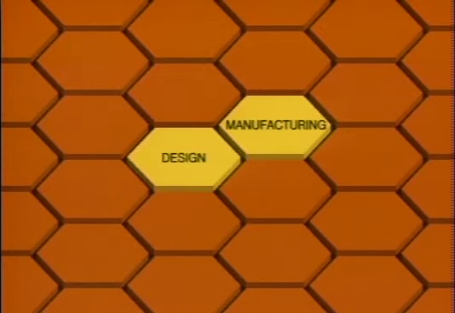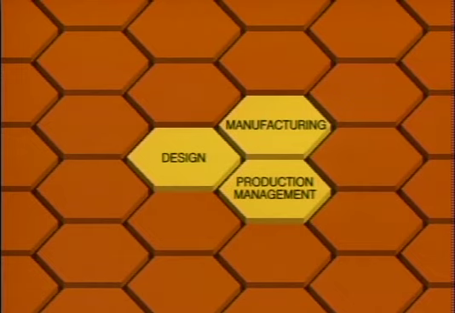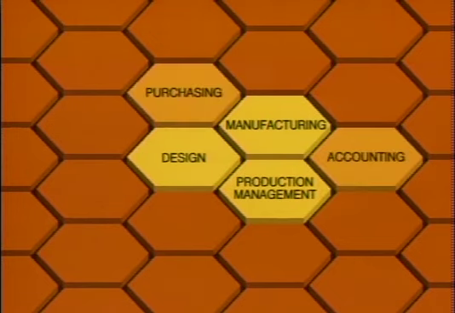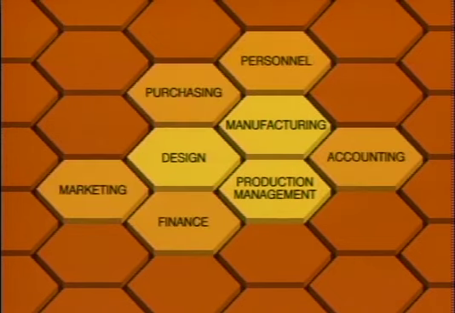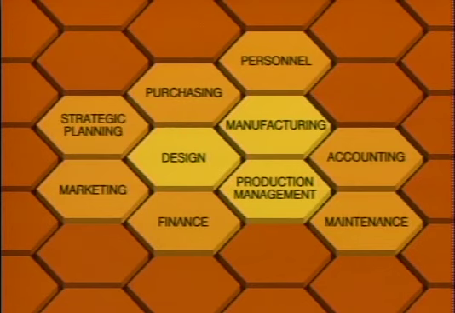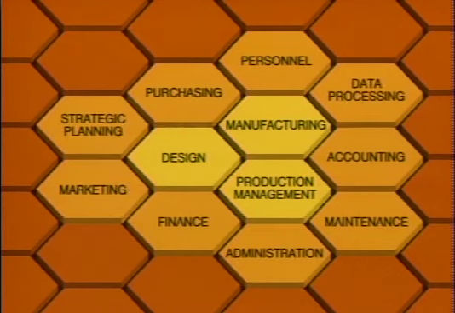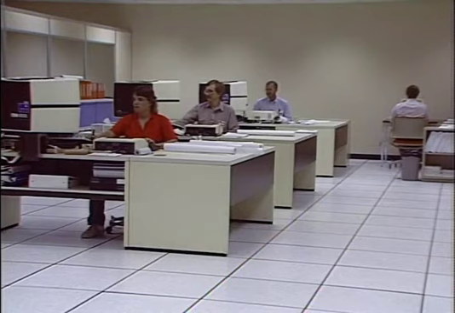Design, manufacturing, and production management are three central activities in virtually any manufacturing organization. However, they require the support of other functions: purchasing, accounting, finance, personnel, marketing, maintenance, strategic planning, data processing, and administration. The information needs of all these functions are highly intertwined.